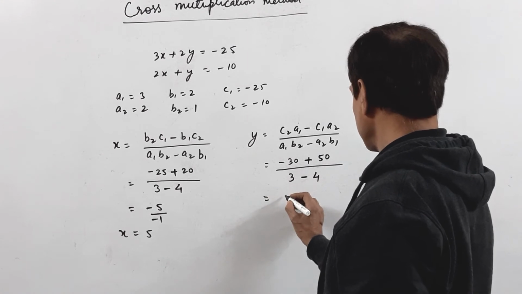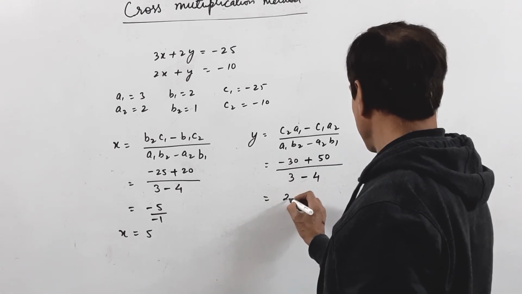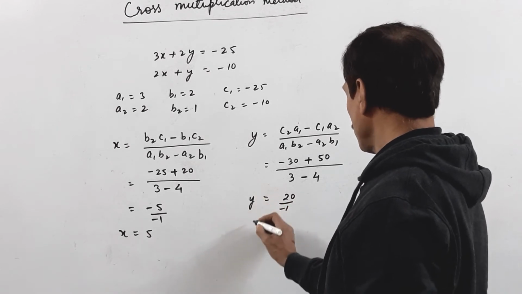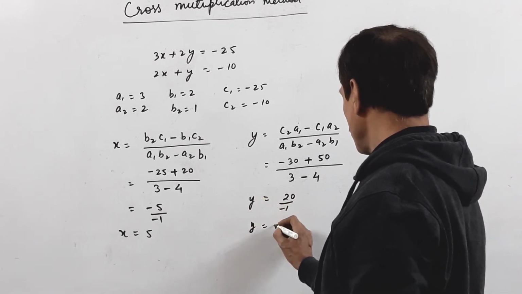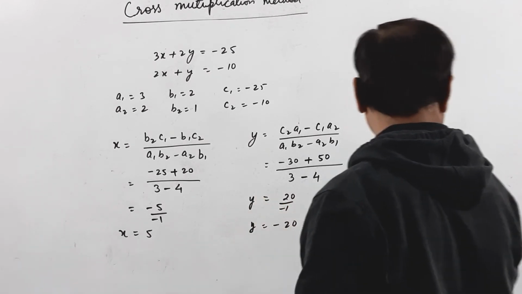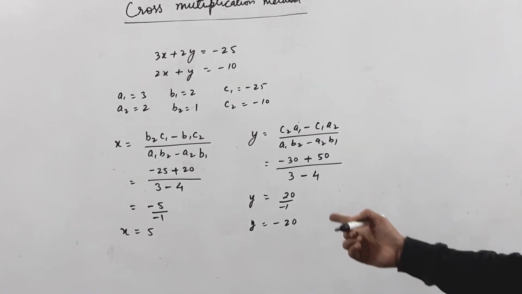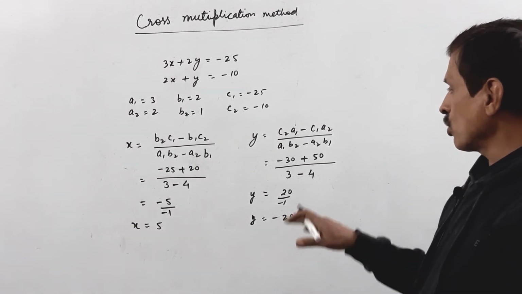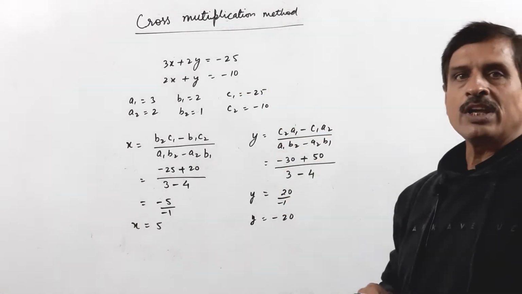So this is minus 20 upon minus 1... or y is equal to minus 20. So x is 5 and y is equal to minus 20 is the solution for the system of equations.